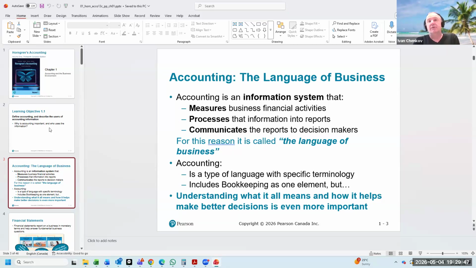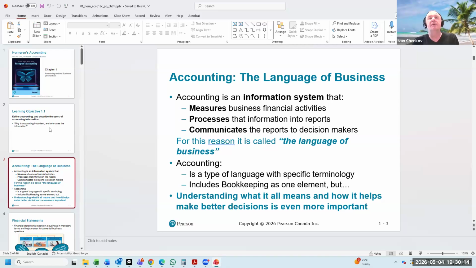As you already know from your personal experience, all of you have access to an information system. One example of an information system would be your bank account. You go to the bank information system to log in to your bank account, and then you're going to see interesting information.